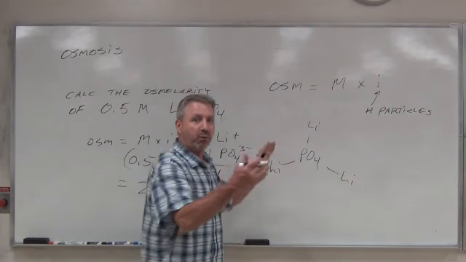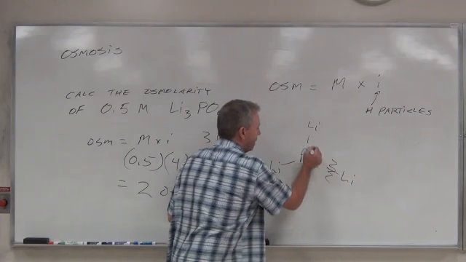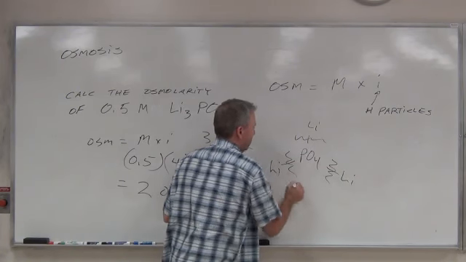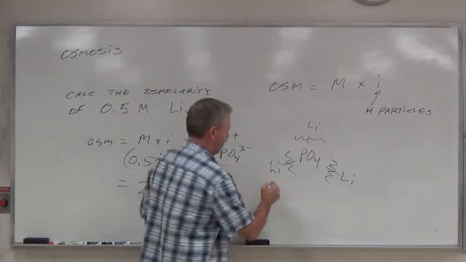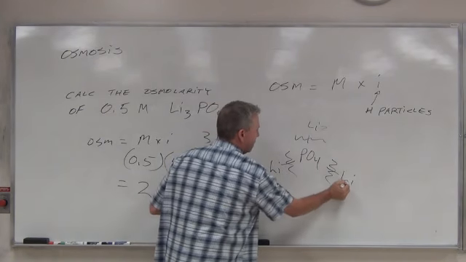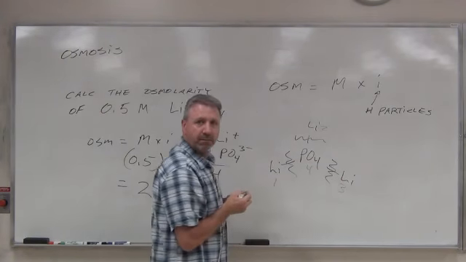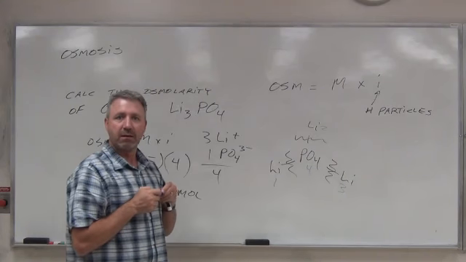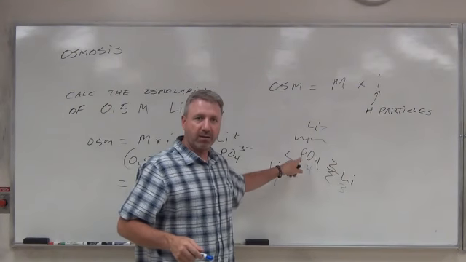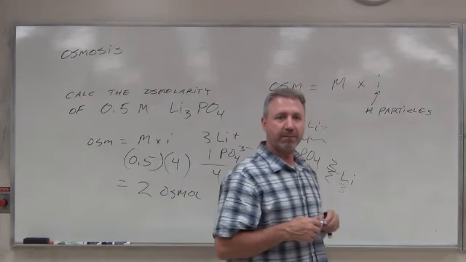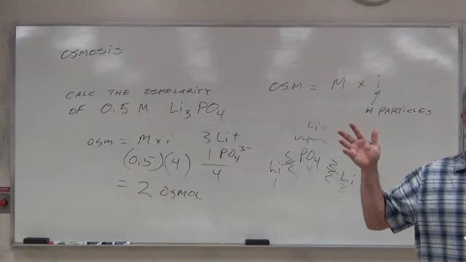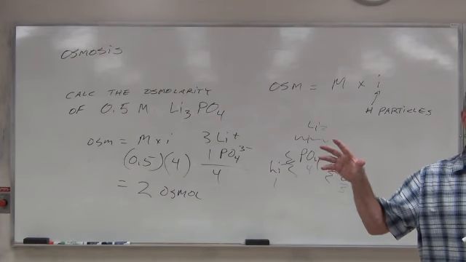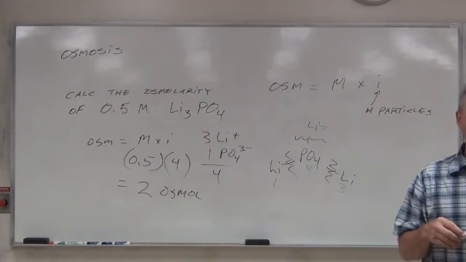So I break this apart. How many particles do I now have in solution? 4. These don't break apart because they're covalent. You break the metals off, but you keep the polyatomic ions the same. They only count as 1 particle.